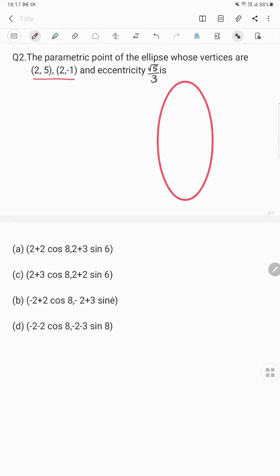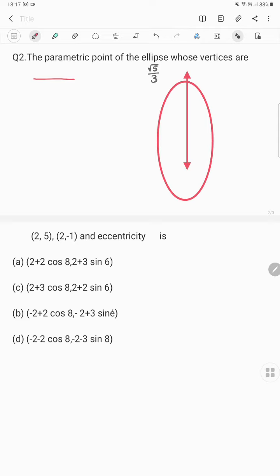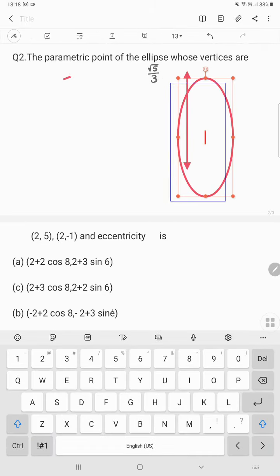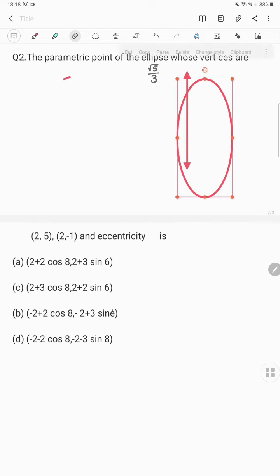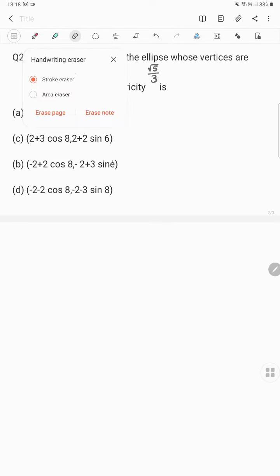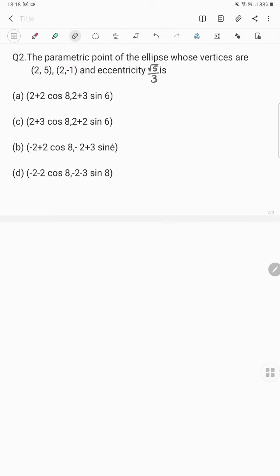The figure will come like this. So first, a rough diagram you have to draw like this.